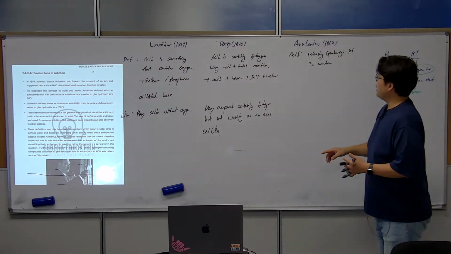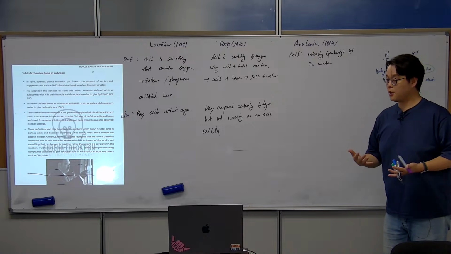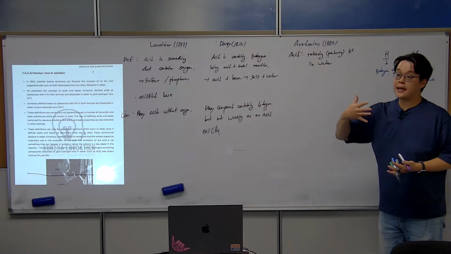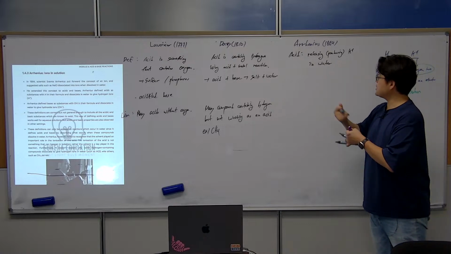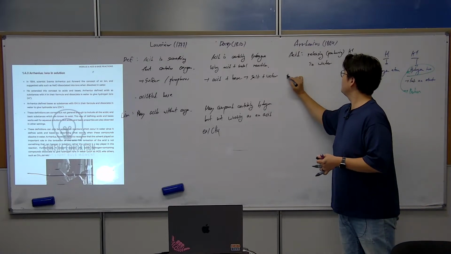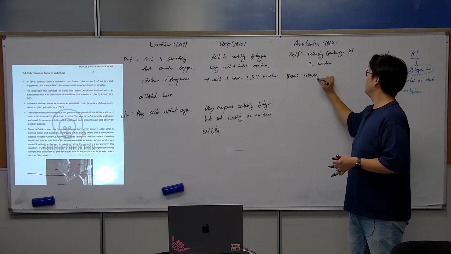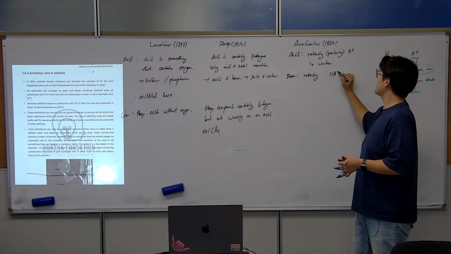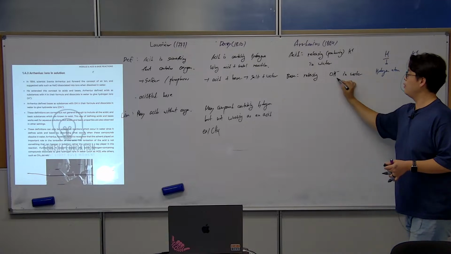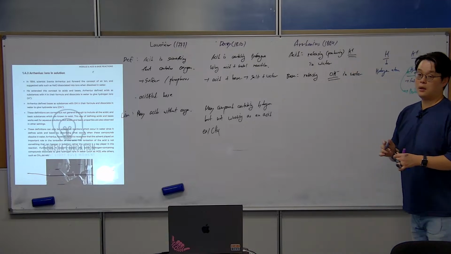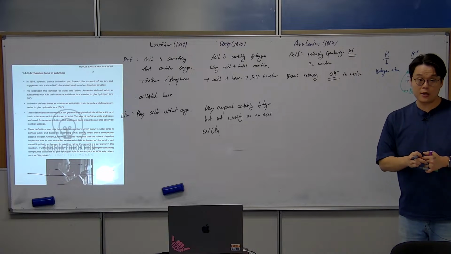So Arrhenius believed that, and he actually performed many experiments: when you put the acid into the water, they release the hydrogen ions, and he defined the base as releasing the hydroxide ion in water. And this explains quite a lot of the acid and base reactions.